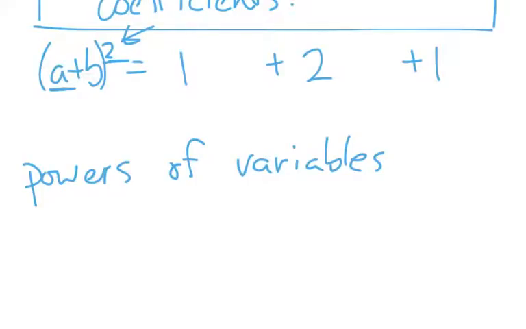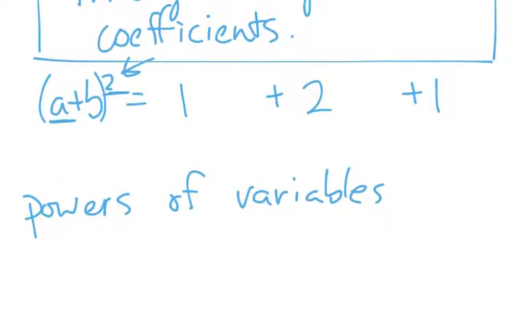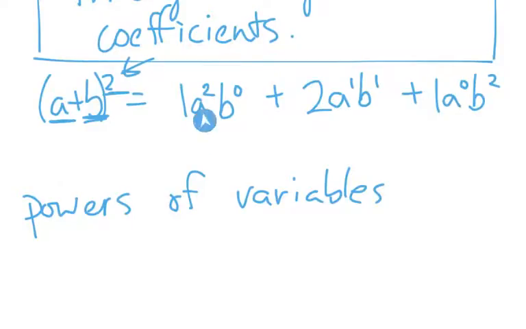Let me show you an example. It's 1a squared b to the 0. You have to use both of them. Then it's 2a to the first b to the first. Then it's a to the 0 b squared. So whatever power this is, you raise a to it first. Then in the second term, you take it down by 1.